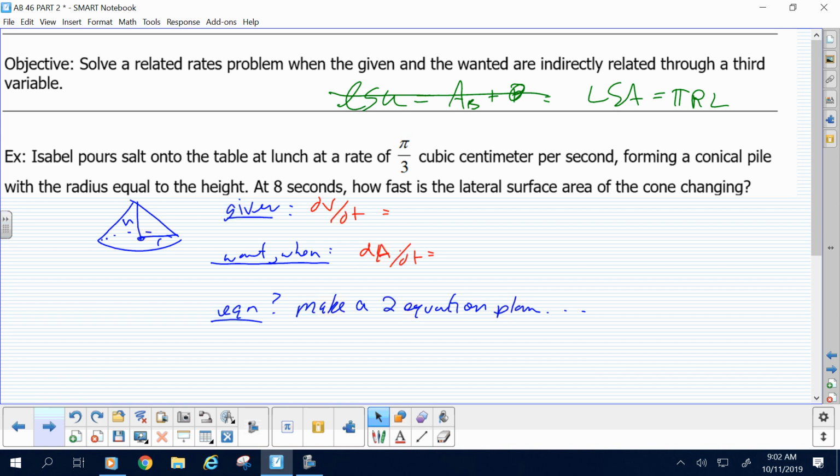So I found it, but I didn't use it again. Oh my god. My answer is pi root 2 over 3.